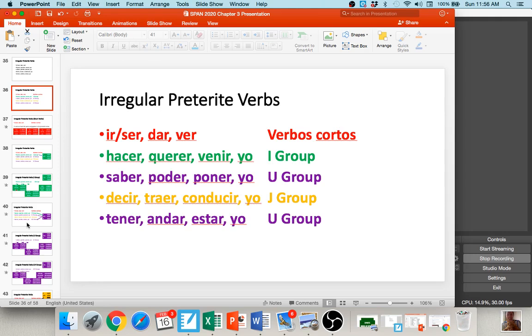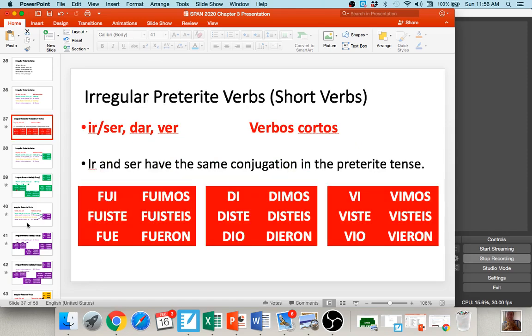They all have that in common. Their conjugations in the preterite are very short. You end up with something like fui, di, and vi in the yo forms. I'm going to encourage you only to remember the yo forms for right now. Fui, di, and vi. These are our short verbs.